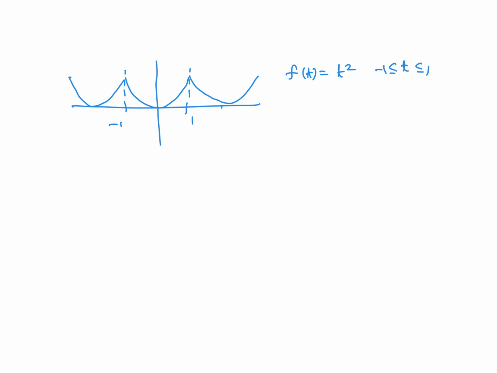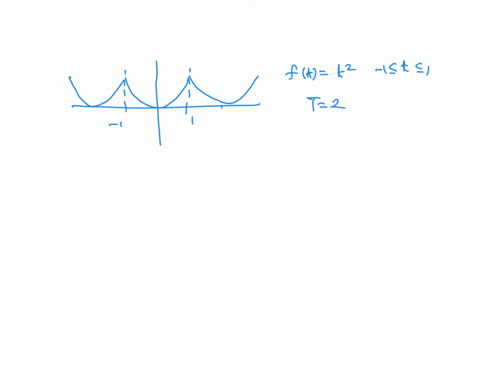So I can have this kind of problem. f(t) = t squared, and the period is of course 2, right? And this is an even function, so I think we have only two, a0 and an, but you need to calculate everything.